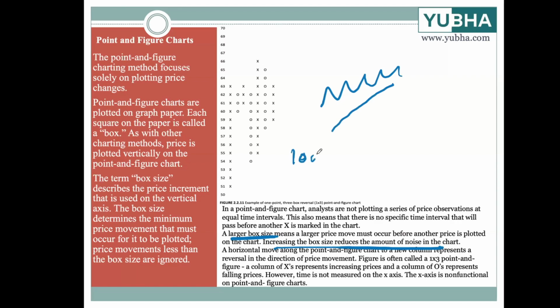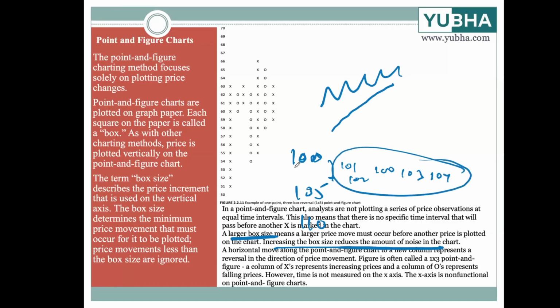It's gone from 100 to probably 105, to 110, but in between this, it's gone to 101, 102, 100 again, 103, 104. So all this will not be captured if the box size is 5. But this move will be captured if the box size is 3. So if the box size is only 1, you'll capture all these different moves. Each and every 1 rupee move will be captured.